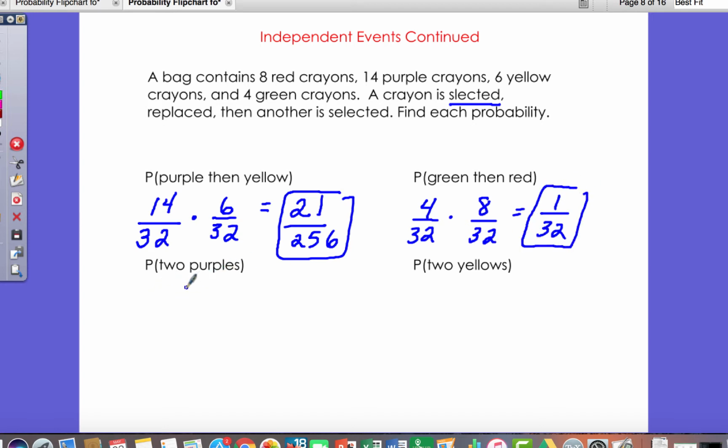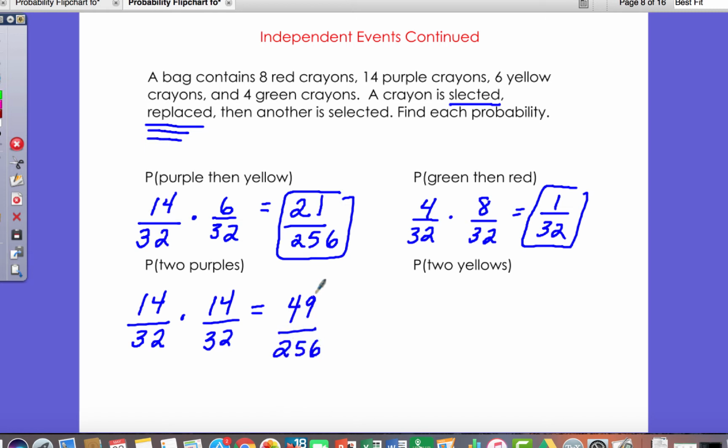Now the probability of purple, then a purple. The probability of purple is 14 out of 32. You put that back, and then you multiply it again, 14 out of 32. Putting that crayon back is really important because it won't affect what happens the second time we draw a crayon out of the bag. So we have 14/32 times 14/32, which ends up being 49 out of 256 when you simplify.